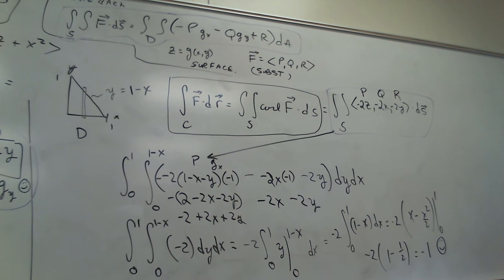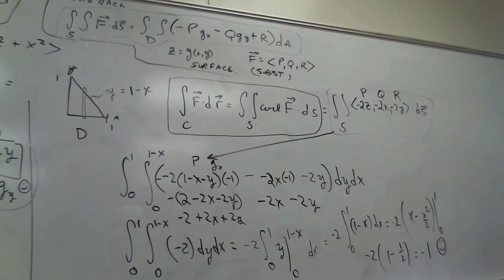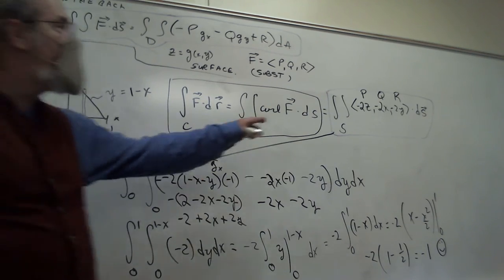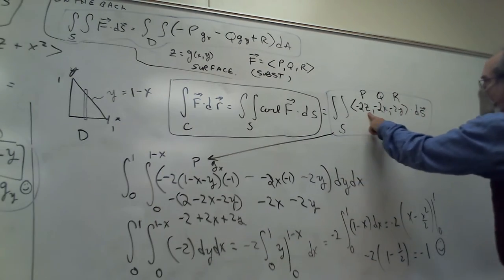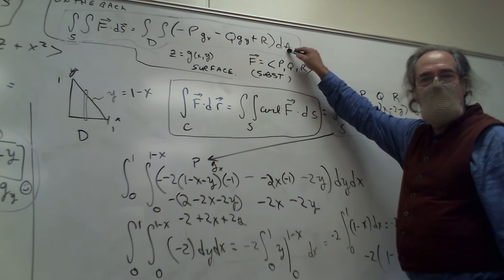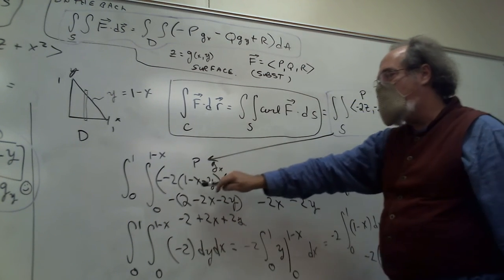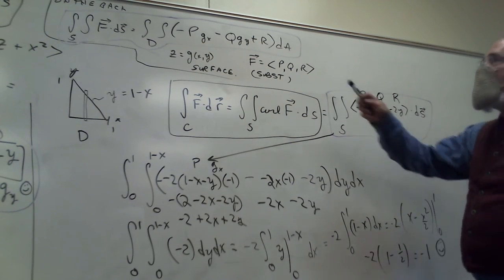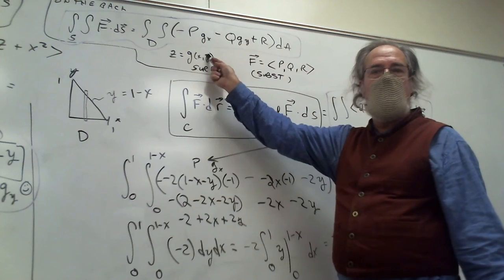A beautiful thing happens. Now notice I had a z. I can't use z because this is going to be a dA problem. It means I'm doing dy dx. So z has to be replaced by 1 minus x minus y. It's typical of this kind of problem because remember we have z equals a function of x and y.